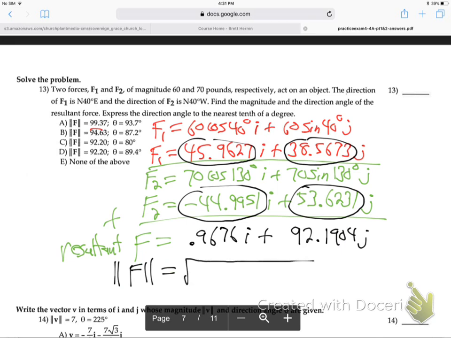Now I have to figure the magnitude. Well, the magnitude is the square root of the first number squared plus the second number squared, right? The Pythagorean theorem, square root of a squared plus b squared. So let's do that in our calculator.